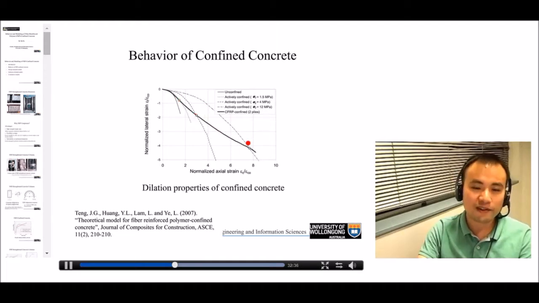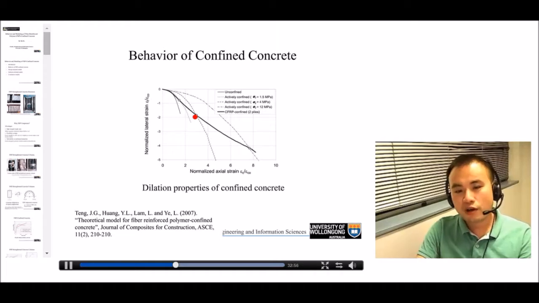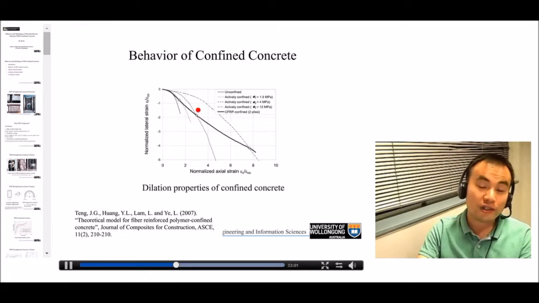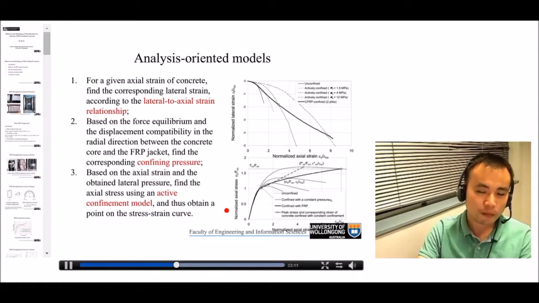Again, you can see that there are a number of intersection points, and existing test results revealed that at intersection points, the confining pressure from the FRP jacket is the same as the confining pressure of this actively confined concrete. Which means at the intersection point, it doesn't matter where you receive the confinement from. Confining pressure is always the same. This is another important observation, which is the basis of most analysis-oriented models.